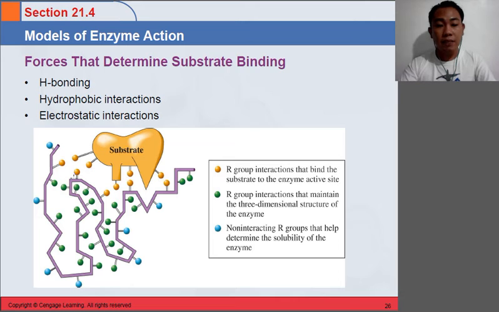So this is the active site of the enzyme, and this is your substrate. The color green here shows the R group interactions that maintain the three-dimensional structure of the enzyme. And the color blue here shows the non-interacting R groups that help determine the solubility of the enzyme.